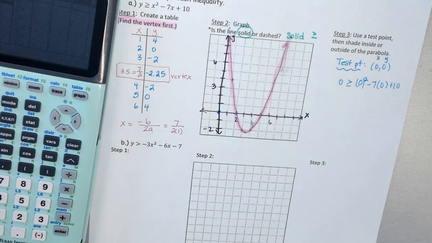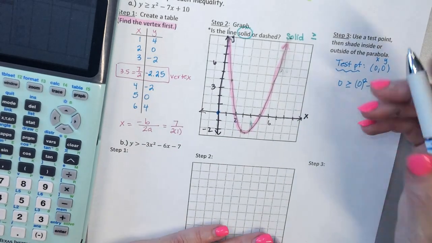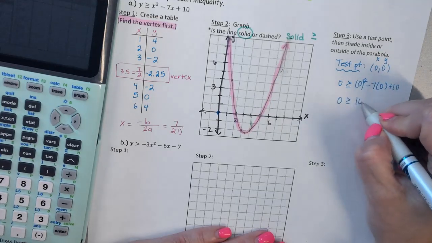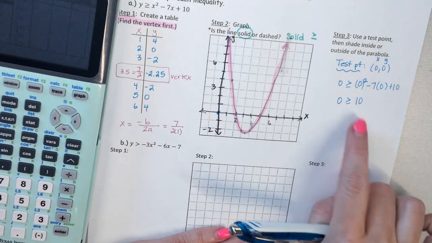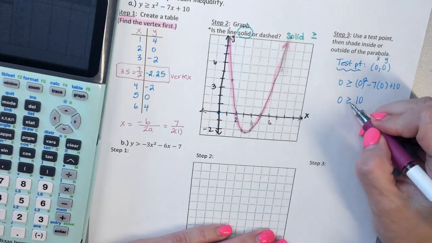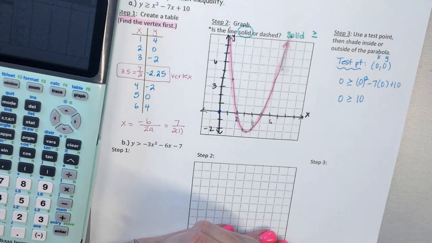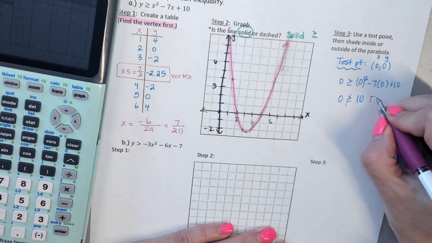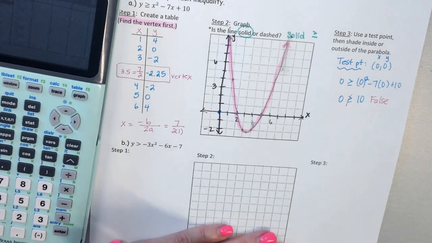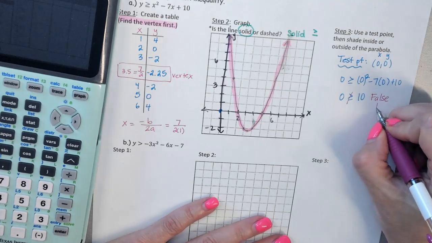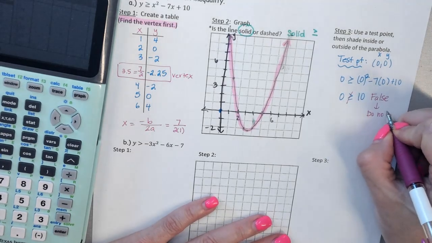When you are plugging in 0, 0, I am fine if you just do this, and then you have to tell me if it's true or false. So is 0 greater than or equal to 10? True or false? False. So we'll put a slash through it, and we'll write false. Anytime it's false, that means you do not shade 0, 0.